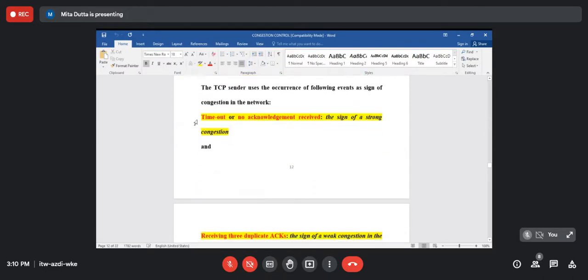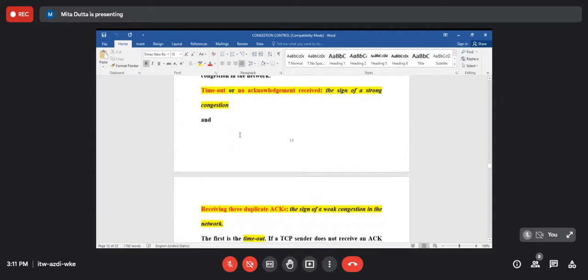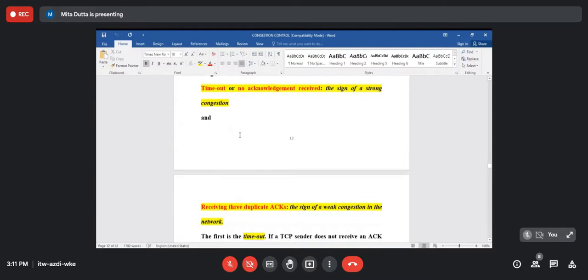The first situation is timeout, or no acknowledgement received. This is a sign of strong congestion because we are not getting an acknowledgement from the receiving end. Then with 3 duplicate acknowledgements, we are getting acknowledgements, but they are duplicates, that is, we receive the same acknowledgement thrice.